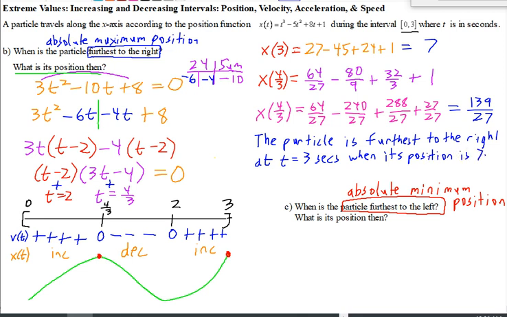That answers the second part of the question, what is its position? Okay, so that answers part B.